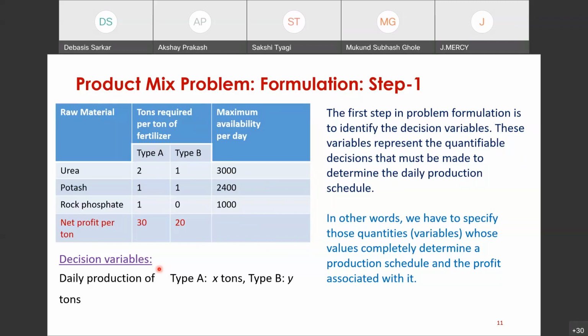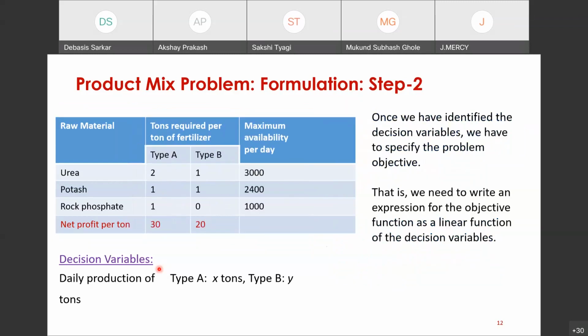So let those two quantities be our decision variables. My decision variables will be X tons of type A fertilizer and Y tons of type B fertilizer should be produced per day. So I have to find out these X and Y. So I'm done with the decision variables.